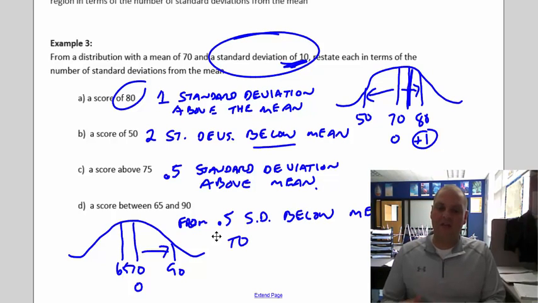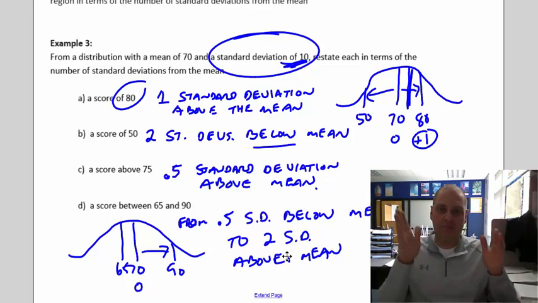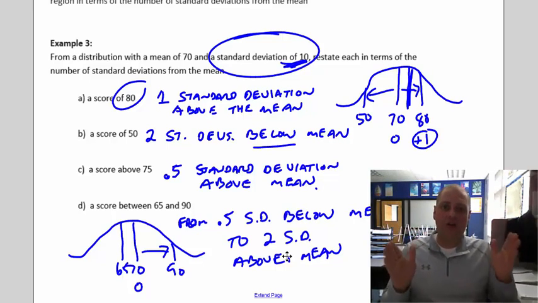Well, 90 is 20 above the mean, so that's going to be 2 deviations. Each deviation is 10. So 2 standard deviations above the mean. So it's from a half a standard deviation below the mean to 2 standard deviations above the mean. All right, that's our window there.